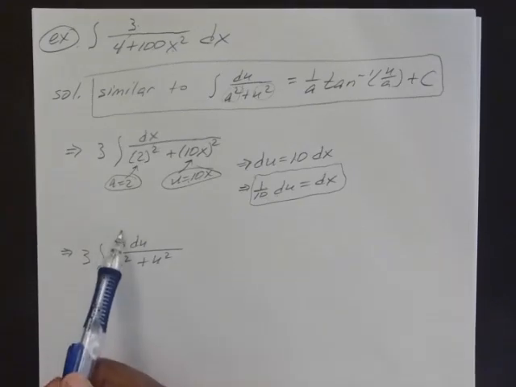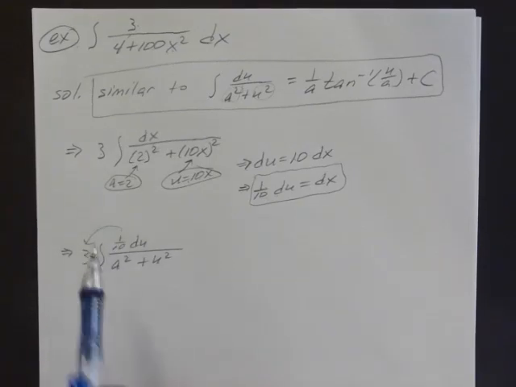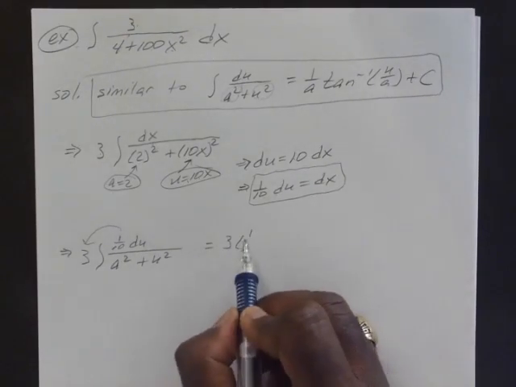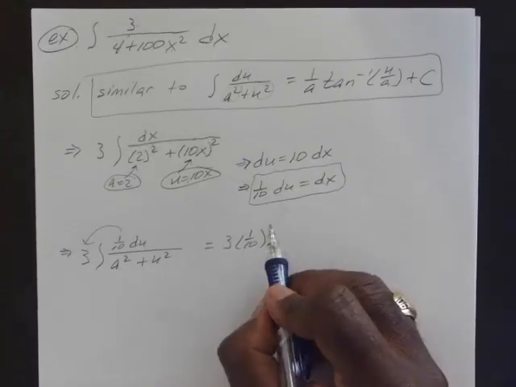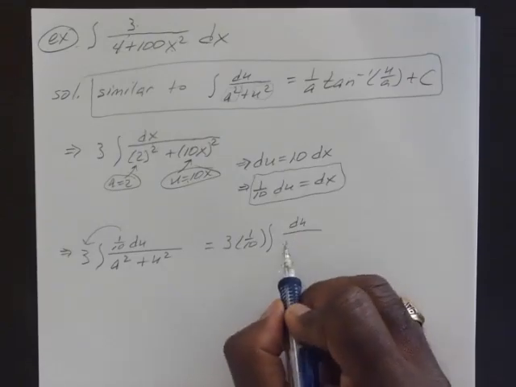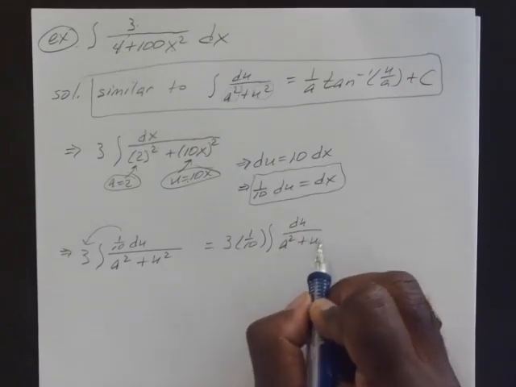All right, so that 1 over 10, we're going to go ahead and just factor that right out to the front. So that gives us 3 times 1 over 10 times the integral of du over a squared plus u squared.